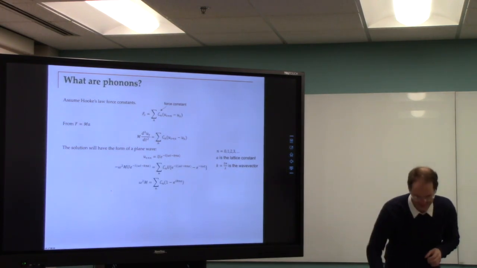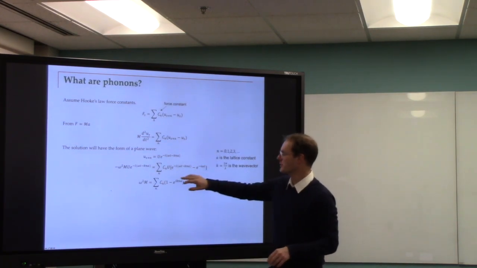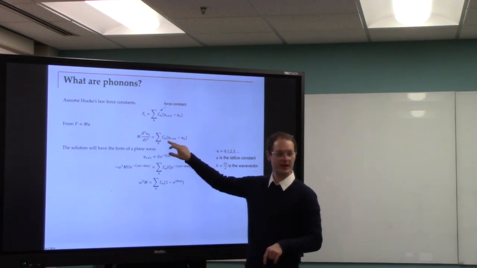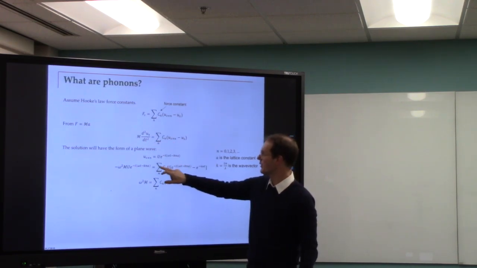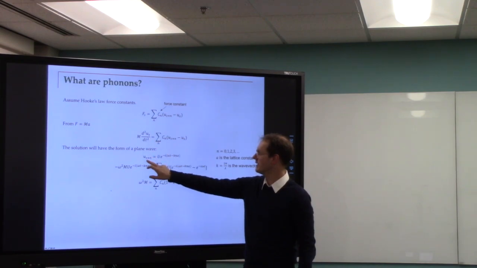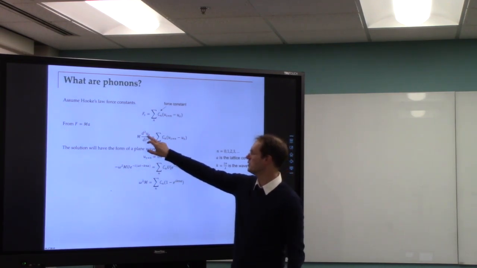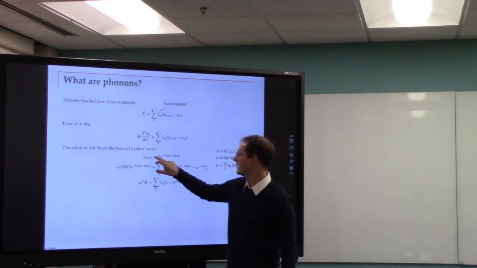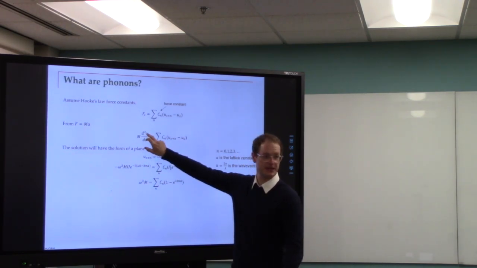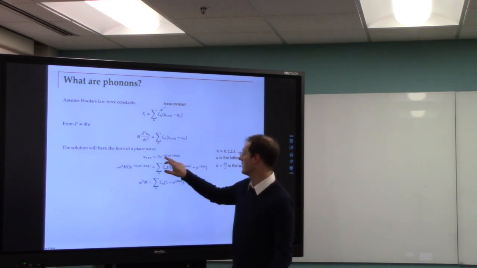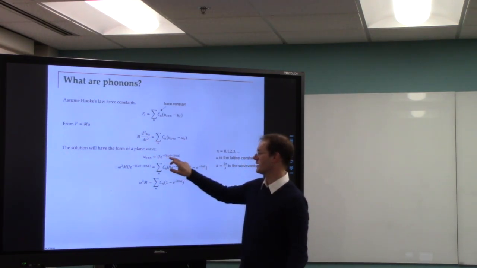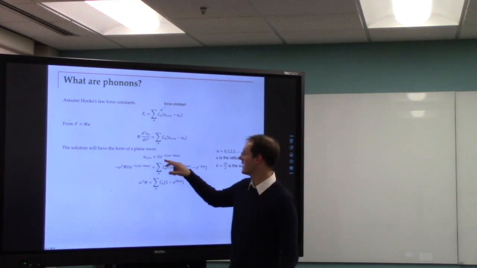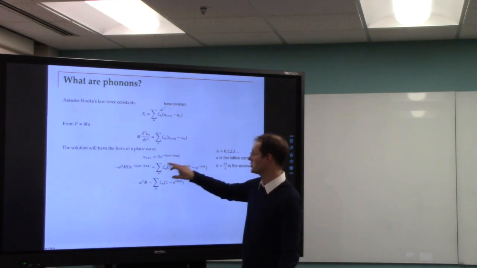Okay, so the next thing that we're going to do is plug this equation into our Newton's law equation. If we plug in u_s here, then plugging this into the second derivative, we get minus i times omega, quantity squared, which gives us minus omega squared, times the mass times this function.